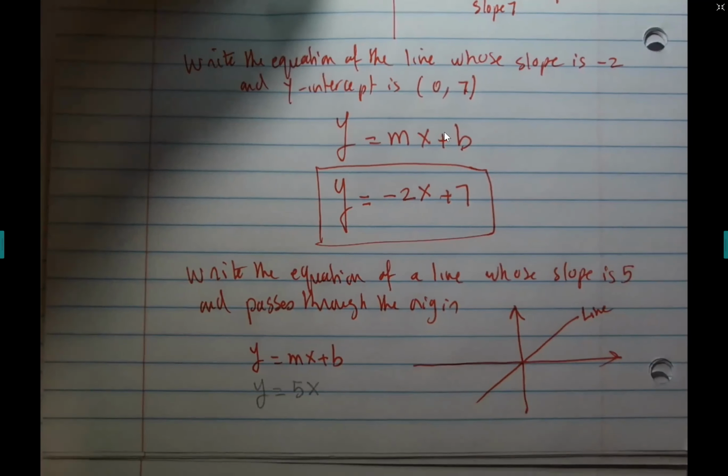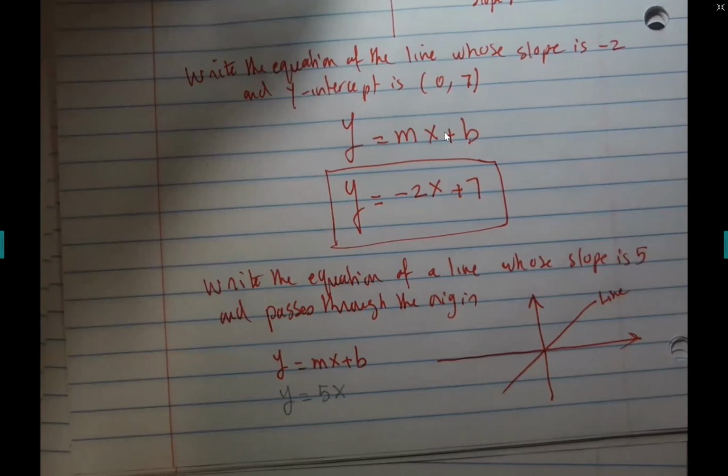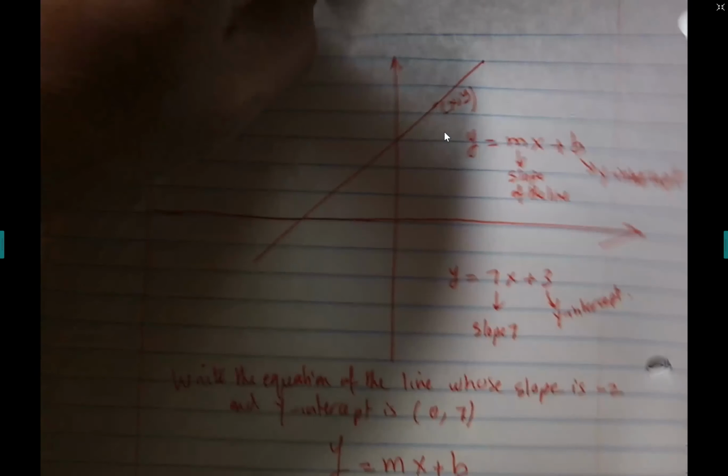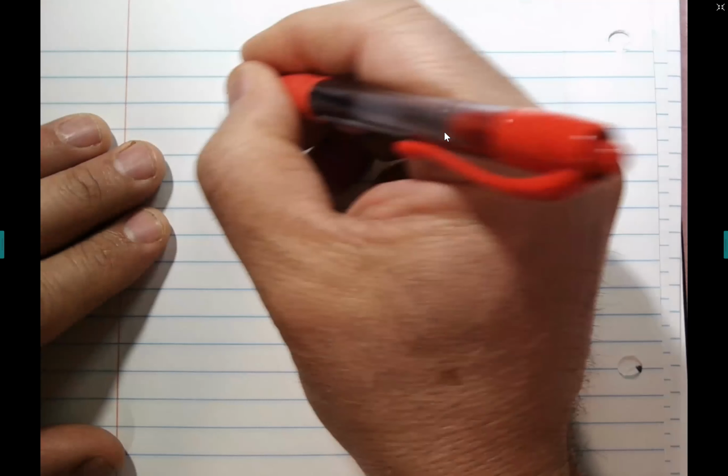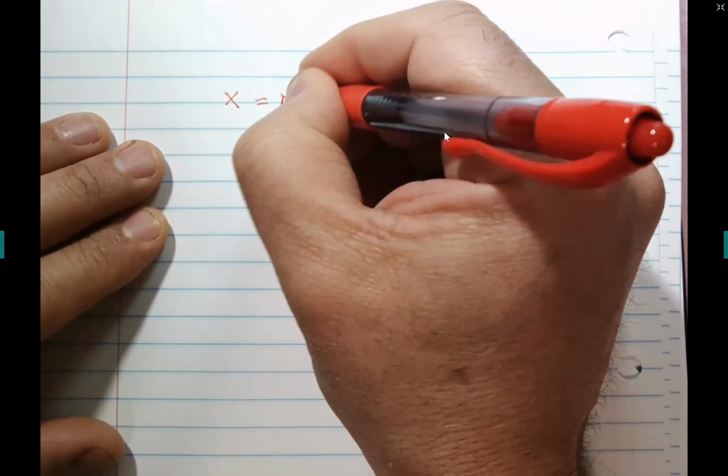Now let me tell you what is the interpretation of a slope in real life situations. Probably that's what you need to know, just to have a sense of what a slope means. Okay. X is the number of items you buy.